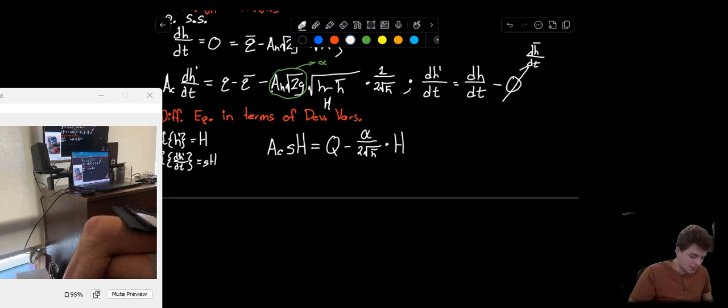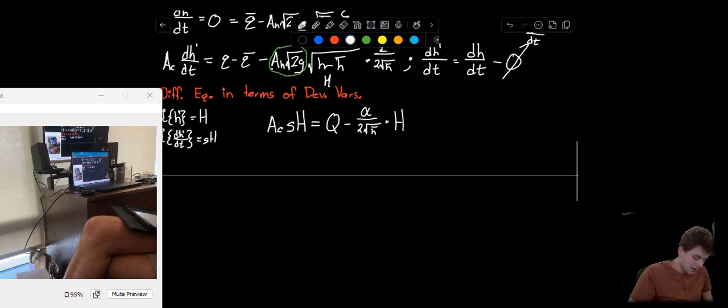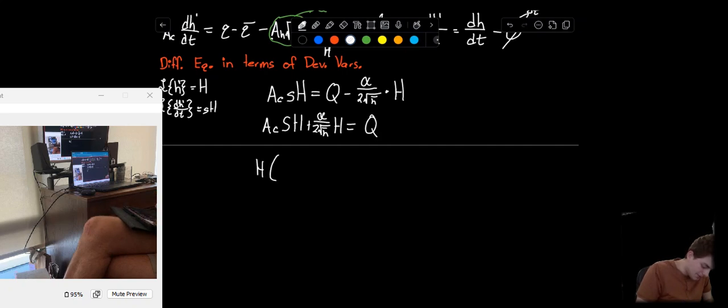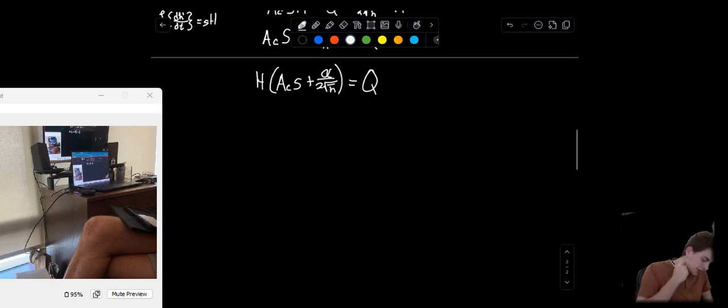We're going to basically algebraically manipulate this equation to solve for H. So A_c sH plus alpha over 2 root h bar times H equals Q. So factor out the H. And then divide across.